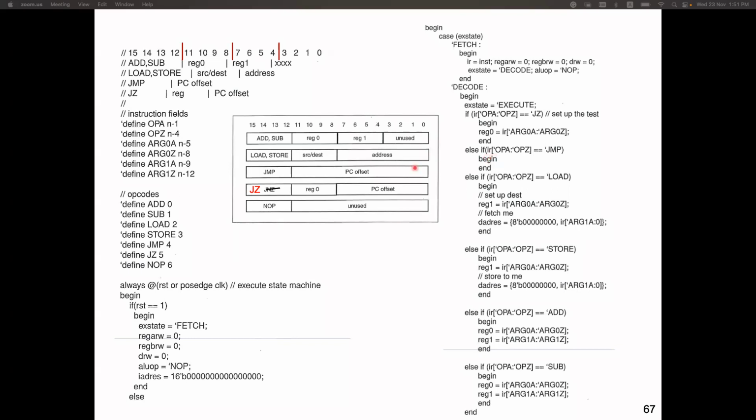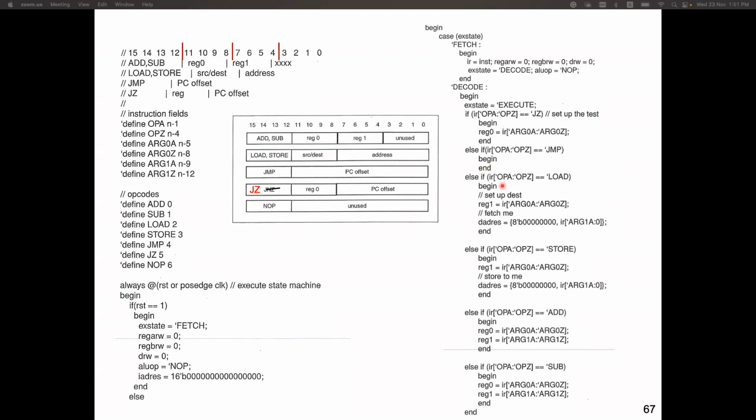Now, if the instruction's bit 15 to bit 12 equals jump, then in the decode operation, there's no special operation.